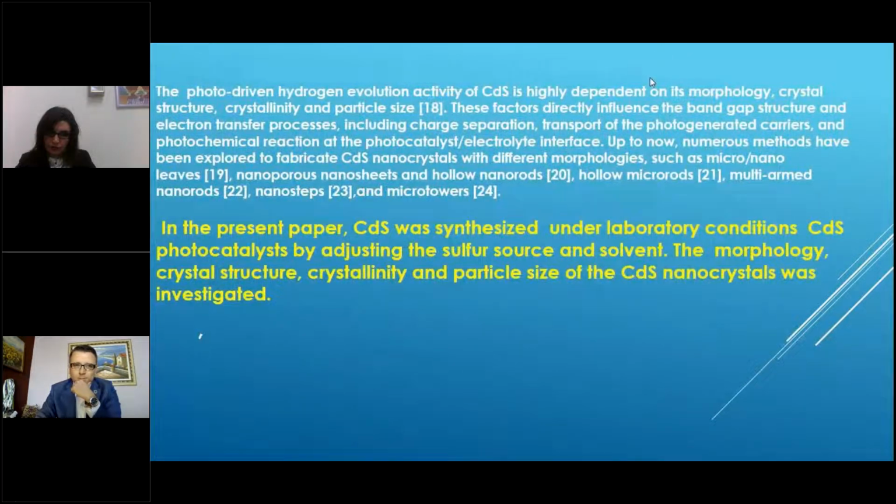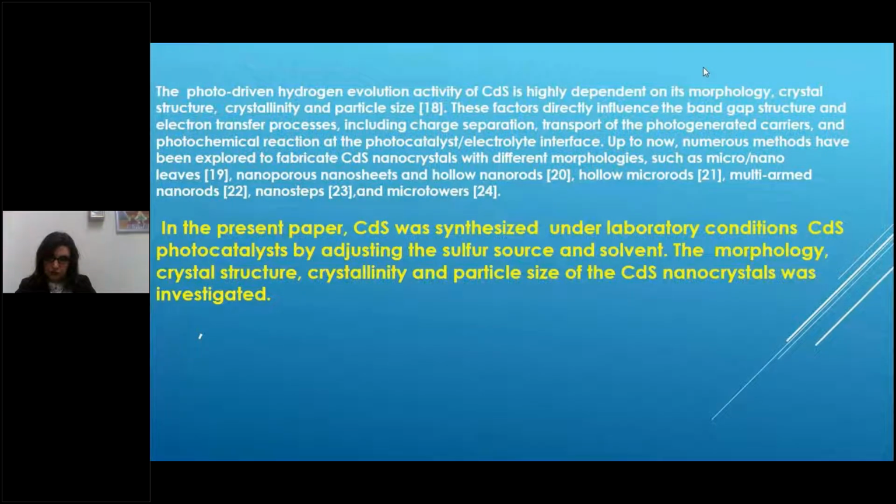In this study, a nanocomposite was studied. The morphology, crystal structure, crystallinity, and particle size were determined. These factors directly influence the band gap structure and electron transfer processes, including charge separation, transport of the photogenerated carriers, and photochemical reaction at the photocatalyst interface.